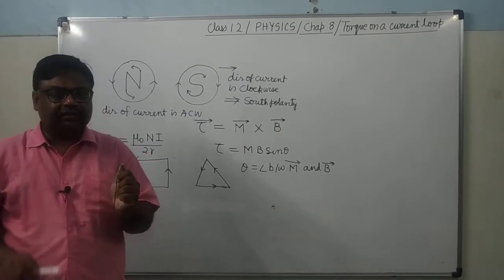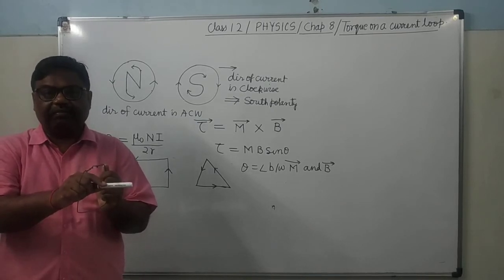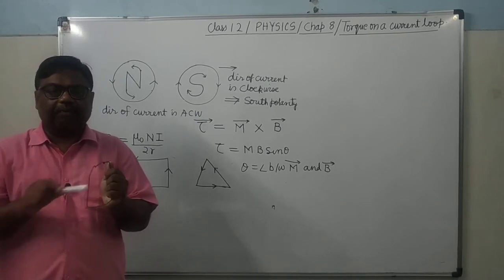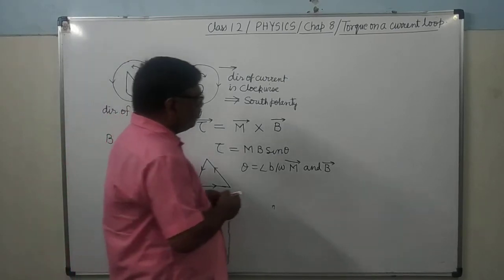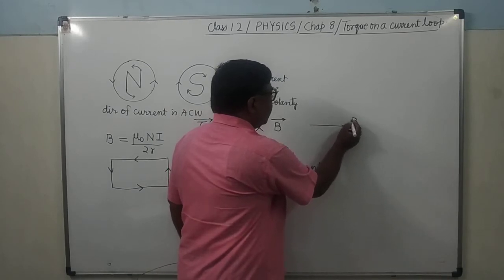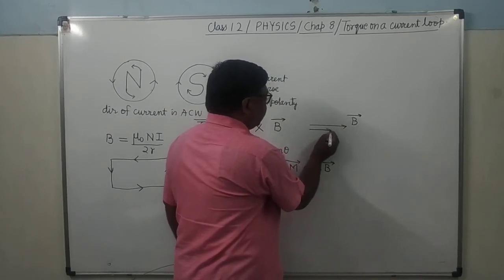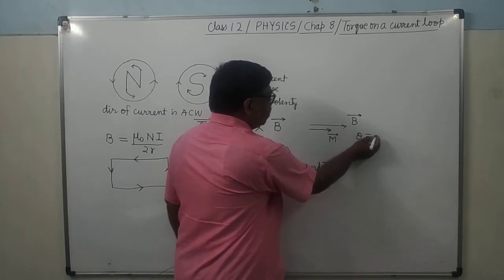Now, when its plane is normal to the field lines, here the field lines are this and this is the plane of the coil. In that case, vector m and vector B will be either in the same direction or in opposite directions. When vector m and vector B are in the same direction like this, theta will be 0 degrees.